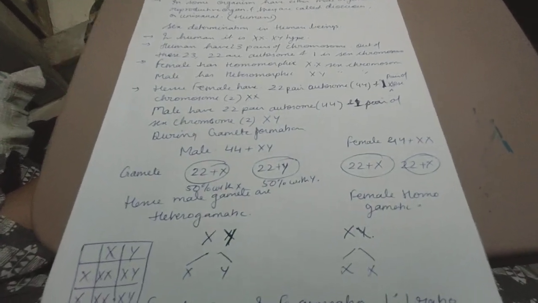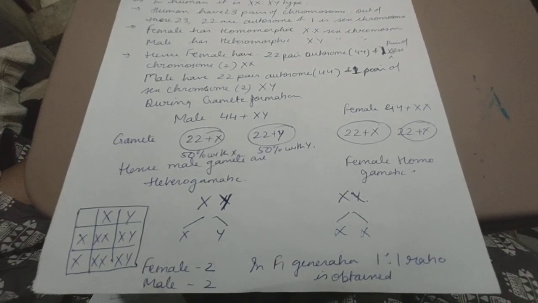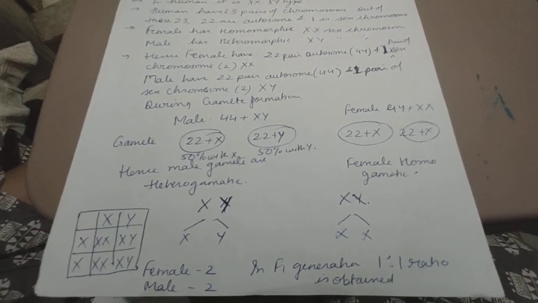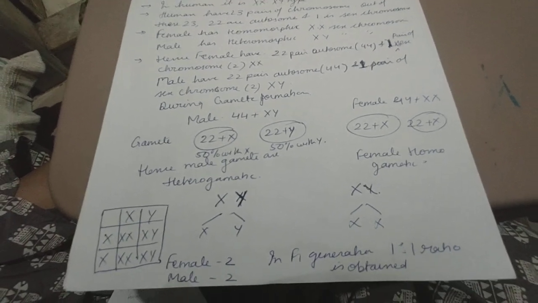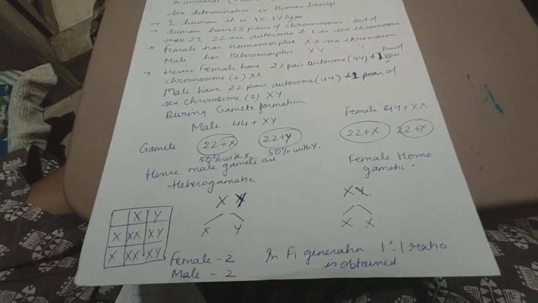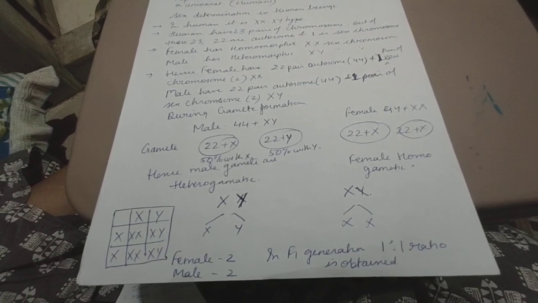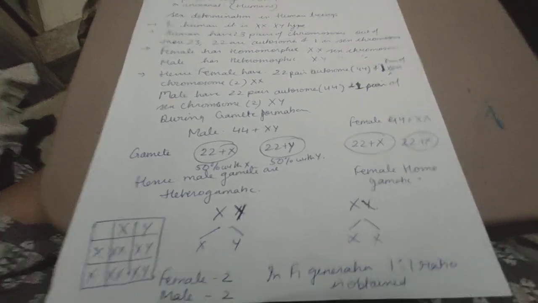So when we cross them and raise the F1 generation, the ratio is 1:1, meaning 2 male and 2 female. You will see here the cross, the gametes are XY and XX. So X, XY, XX, XY: 2 are female and 2 are male.